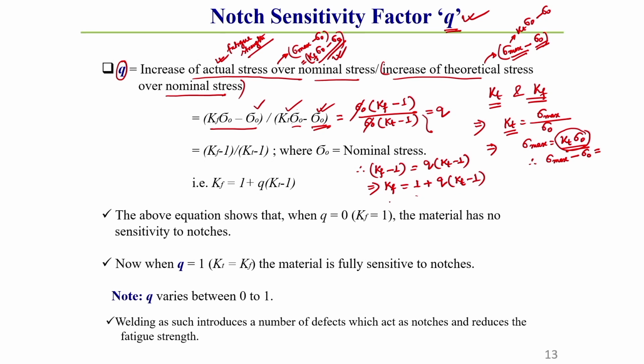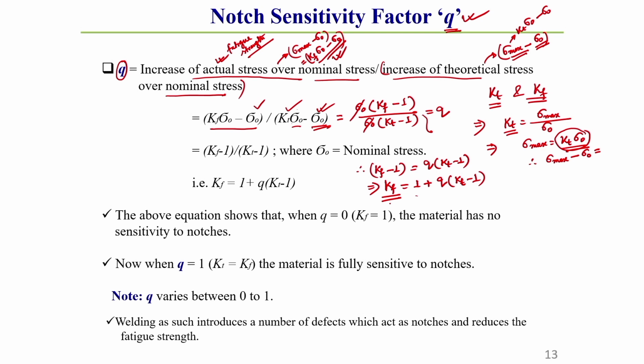Your intention is to find out the Kf value for fatigue life calculation or fatigue endurance strength calculation. Kf is required, not Kt, because if you use Kt, you will get a lesser value of endurance strength.